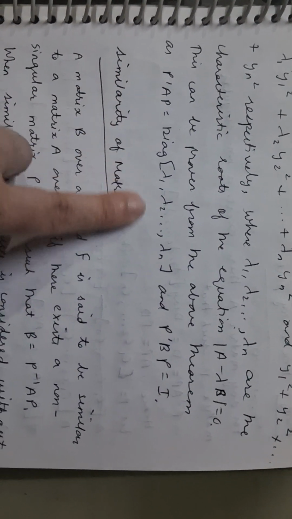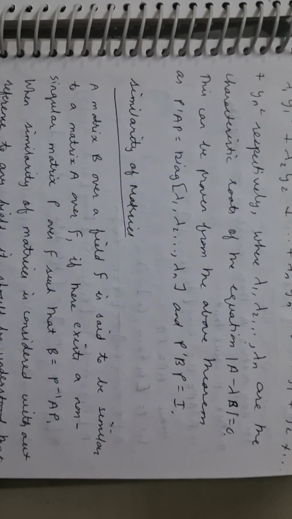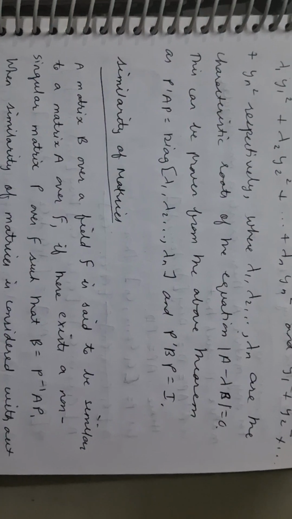This can also be proven from the above theorem, as P transpose AP is equal to a diagonal matrix and P transpose BP is equal to I.